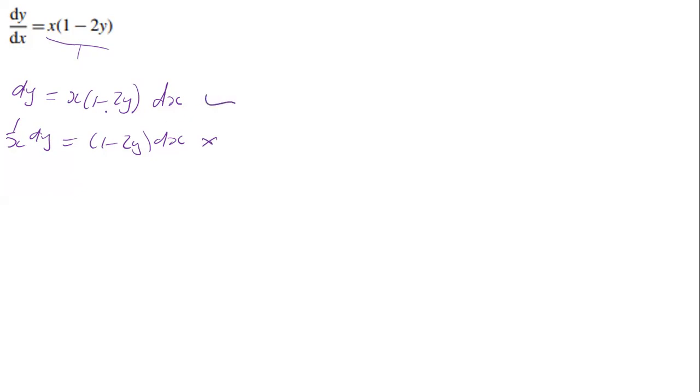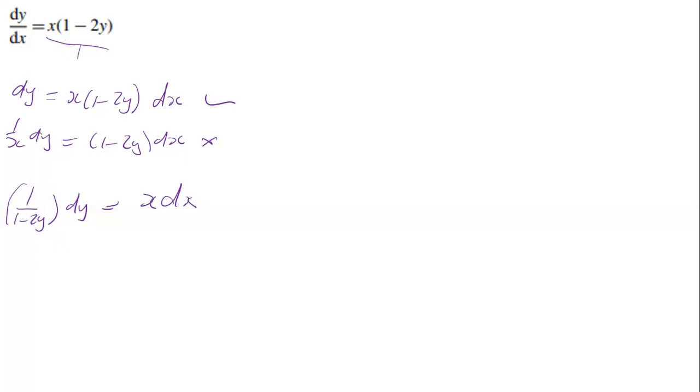But from here, we divide by 1 minus 2y. When we divide by 1 minus 2y, on this side we're going to have 1/(1 minus 2y) multiplied by dy, and on this side we're going to have x dx. Still, separable could work. So here's the challenge. Linear can also work in this case.